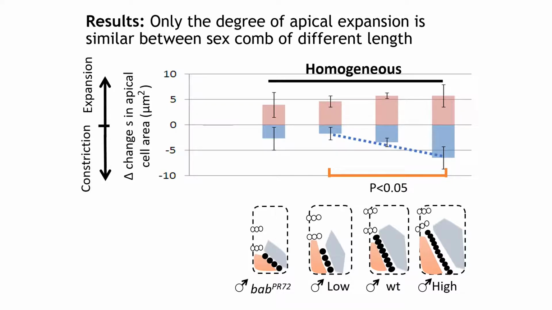In particular, the small and the long one seem to be significantly different. So the degree of constriction seems to vary a lot and is heterogeneous, while expansion is the most homogeneous process and is a good candidate to be responsible for the rotation.